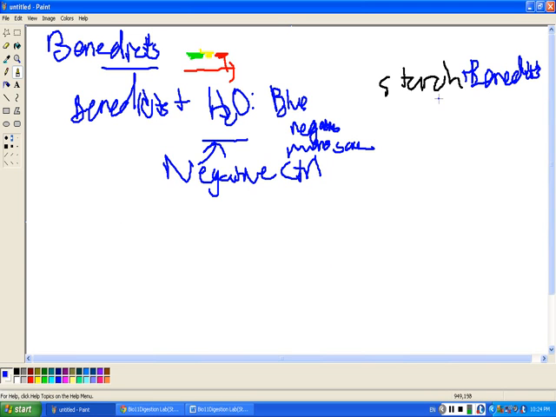Starch is once again a polysaccharide, so it's not going to react with the Benedict's solution, because Benedict's solution is an indicator for simple sugars like monosaccharides and disaccharides. So we're still going to have a blue result, meaning that it's negative for monosaccharides.